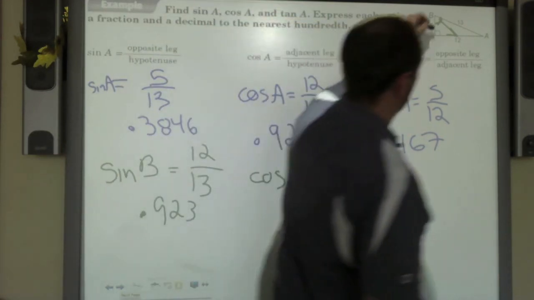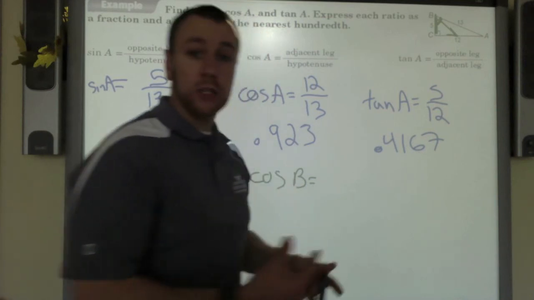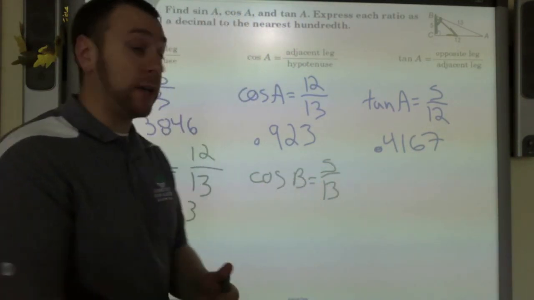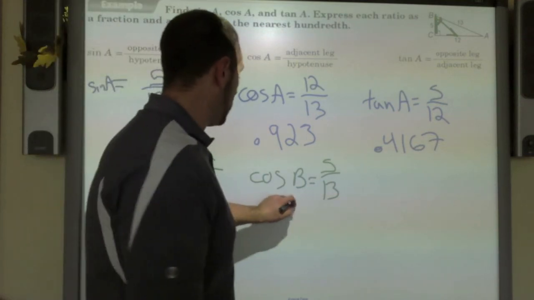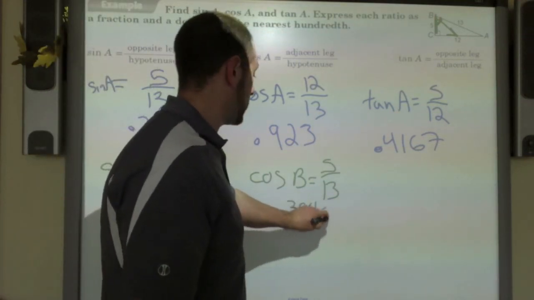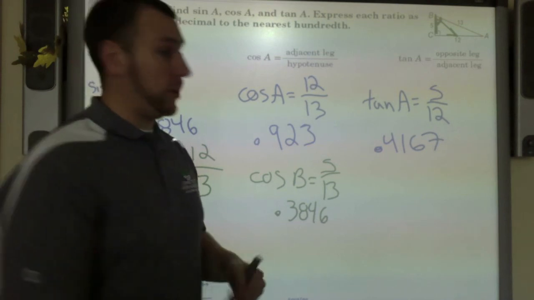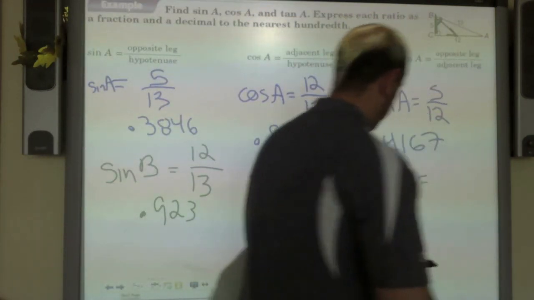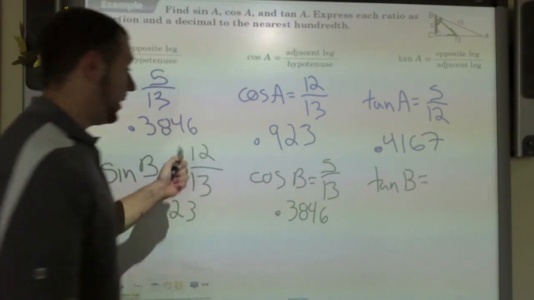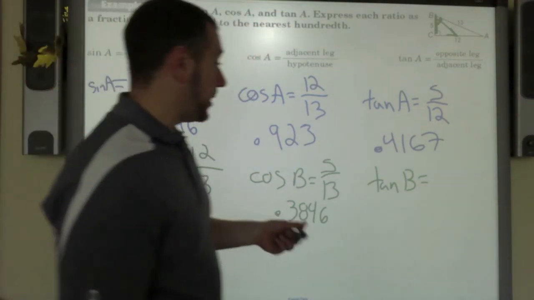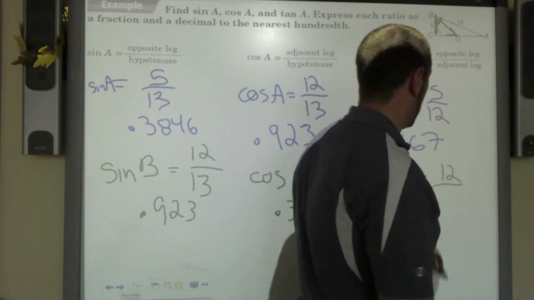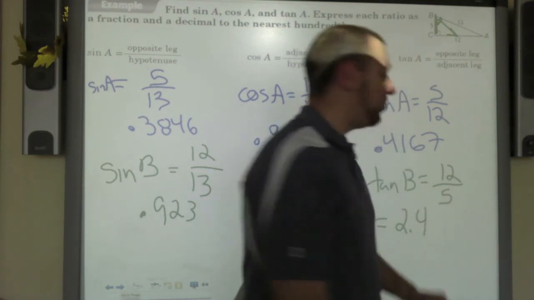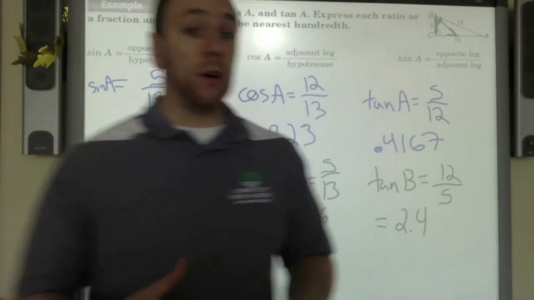The cosine of B is that side adjacent, touching B, 5 over 13, the hypotenuse, 0.3846. And the tangent of B, now I do opposite over adjacent. In this case, it's 12 over 5, which when I reduce down is 2.4.